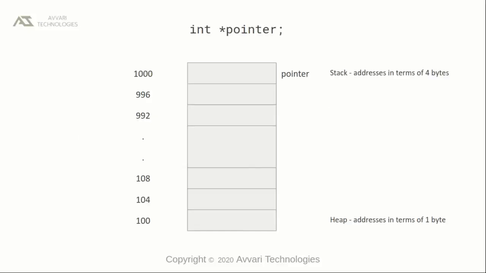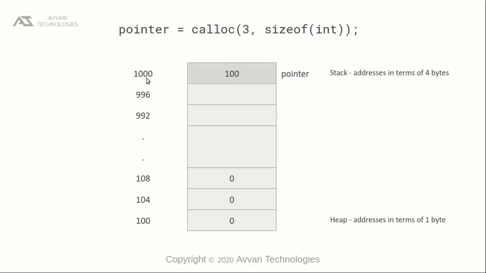This is the visual representation of dynamic memory allocation. Int pointer of pointer variable. Let's assume the pointer is stored at address 1000. Now we are assigning something to pointer.